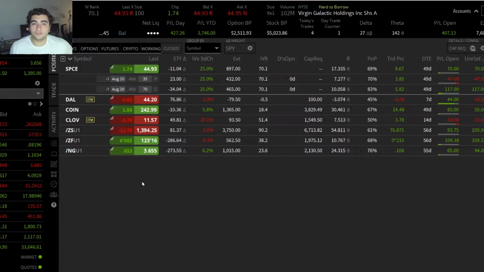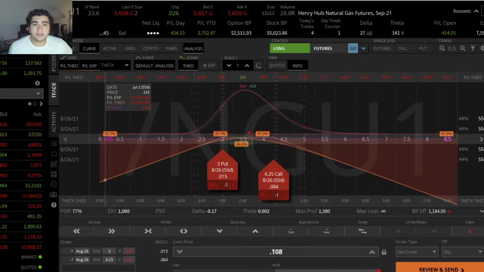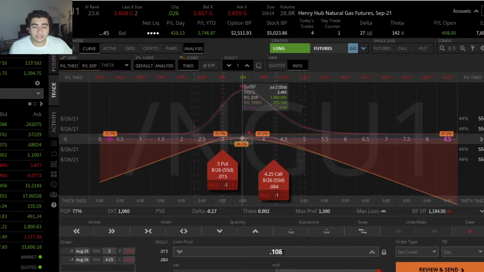Moving back over to our positions tab, let's take a look at some of the other trades that I currently have up. So I pulled up another strangle trade that I have open here on natural gas futures. I am selling the $3 put and 4 1/4 call. Now, these are futures. These are quoted differently than stock. So I received $1,080 for opening the strangle, which is quoted as 0.108.